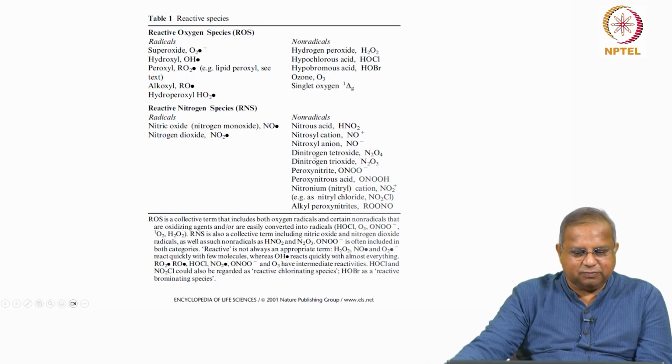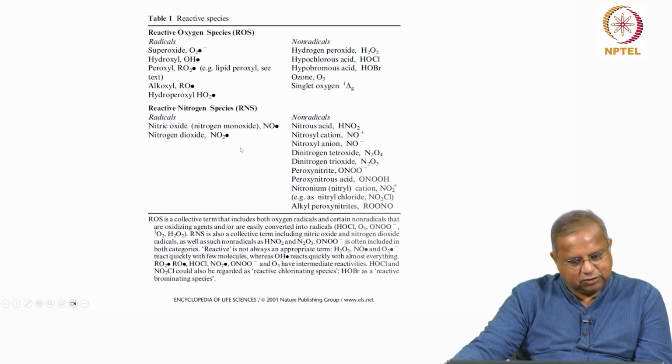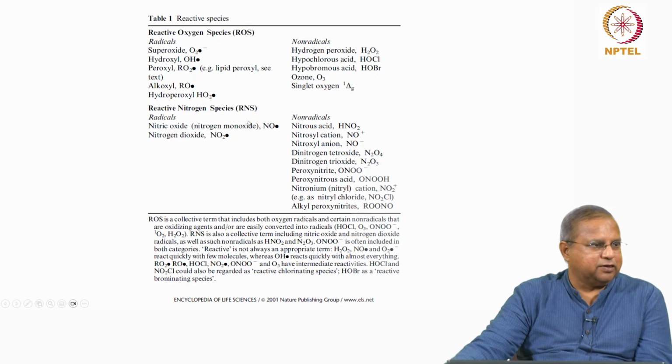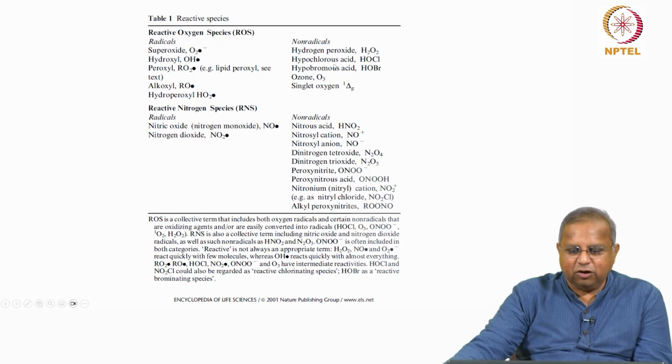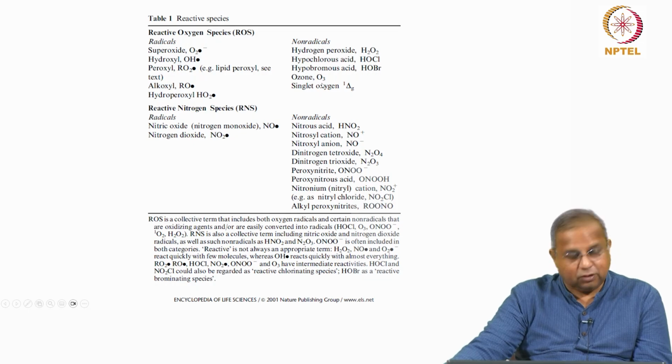So, reactive oxygen species, we already saw superoxide, hydroxyl, peroxyl, alkoxyl, hydroperoxyl, and so on and so forth. Reactive nitrogen species, nitric oxide, nitrogen dioxide, we also saw peroxynitrite, and so on. Non-radicals, hydrogen peroxide, HOCl, HOBr, ozone is also considered a reactive species.